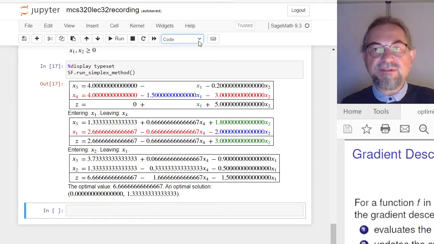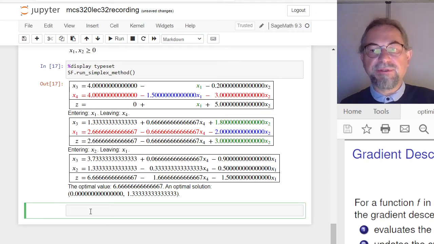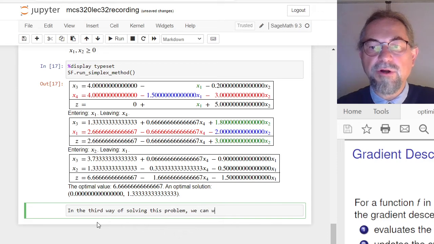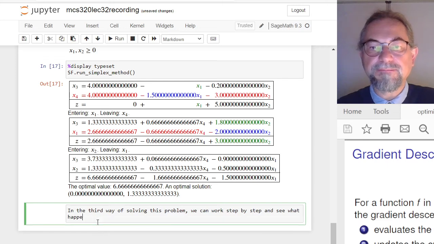So now let us do this step by step, and this might be a little bit cumbersome. So we can enumerate dictionary after dictionary. So in this third way of solving this, we can work step by step and see what happens for every dictionary of the SF, the problem in standard form.